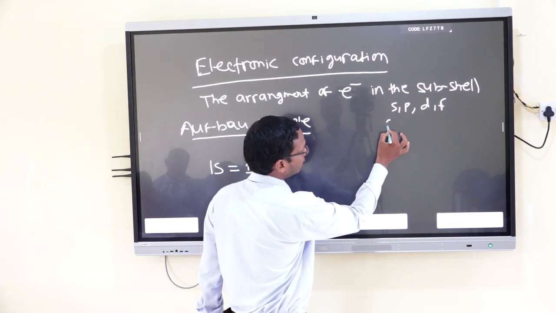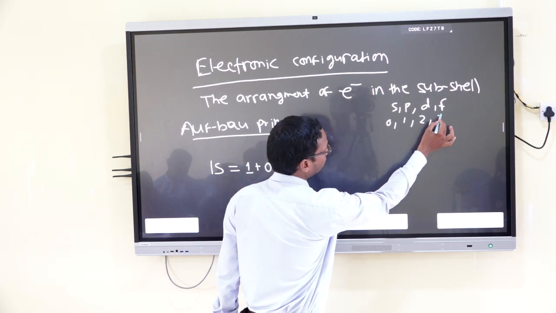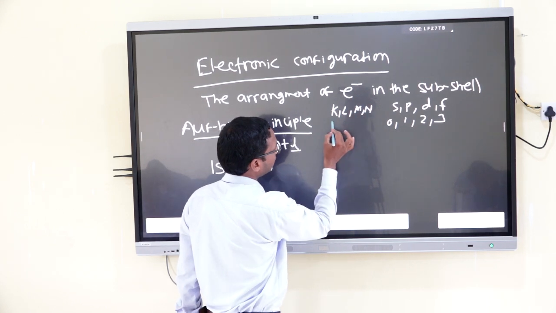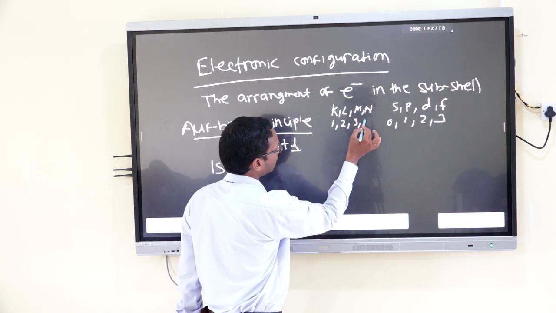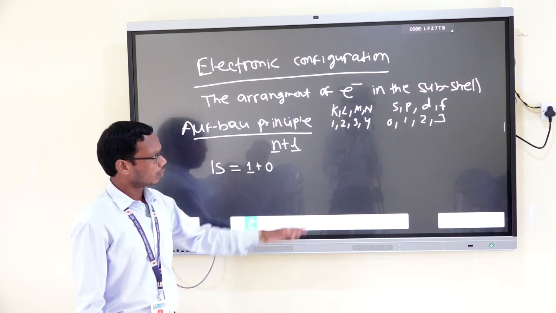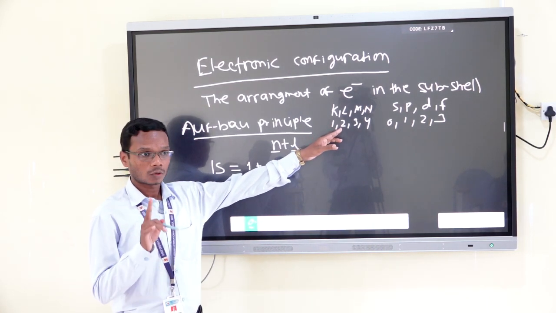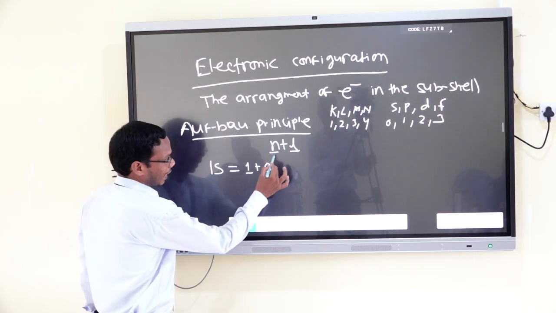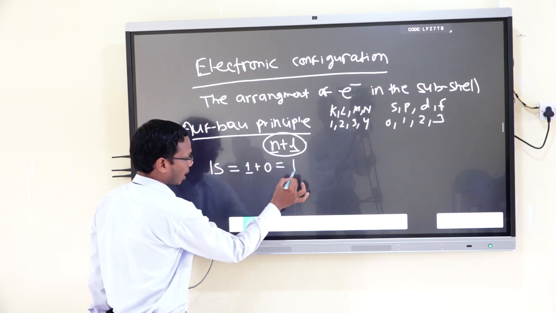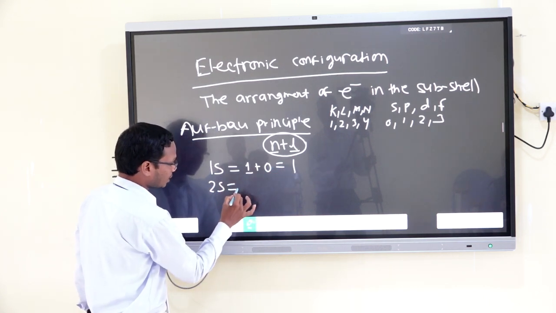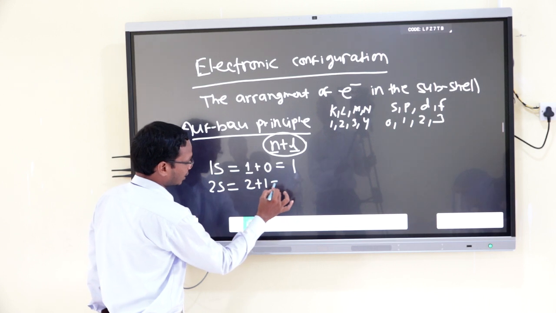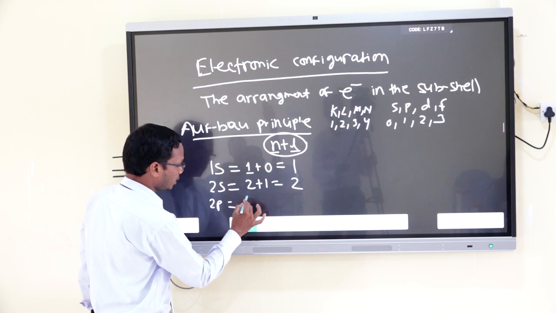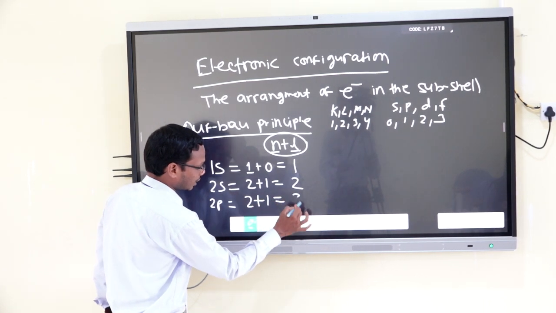The s, p, d, f values are 0, 1, 2, 3, and the values of K, L, M, N are 1, 2, 3, and 4. You know this previously from quantum numbers. Now for 1s, the energy level is 1. For 2s, the energy level is 2 plus 0, that is 2. For 2p, the energy level is 2 plus 1, that is 3.